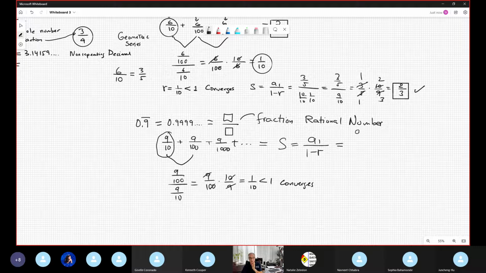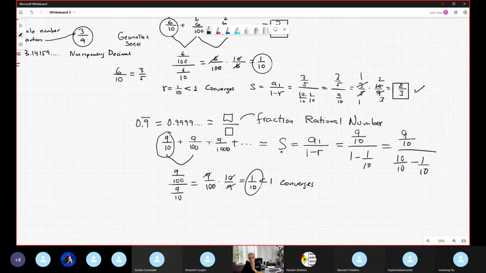A1 is 9 over 10, and 1 minus 1 over 10, the common ratio, look at that. So we have 9 over 10, and this is 10 over 10, equivalent to 1, minus 1 over 10, and 10 minus 1 is 9.